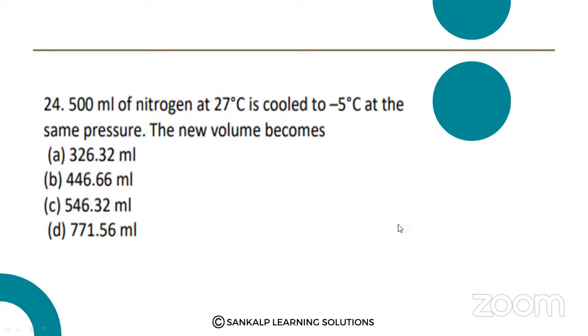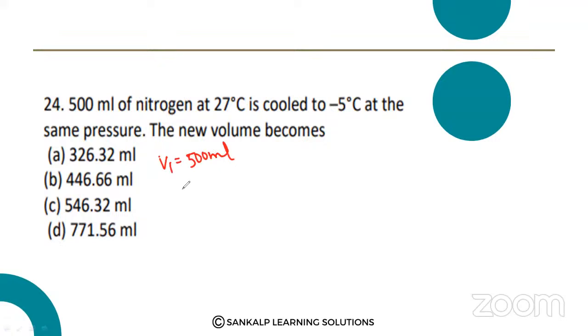Next, 900 ml of nitrogen at 27 degrees Celsius is cooled to minus 5 degrees Celsius at the same pressure. The new volume becomes... So how to solve this? What is V1? V1 is given as 500 ml.